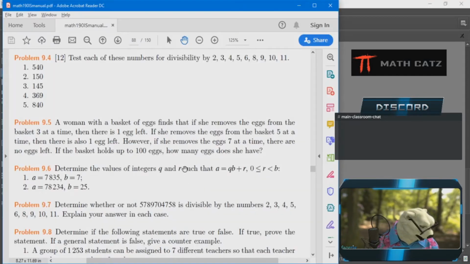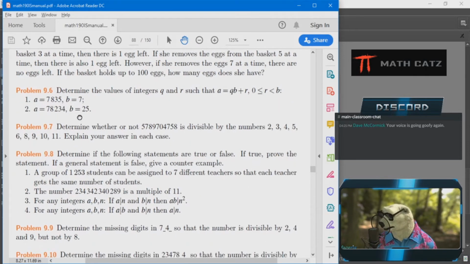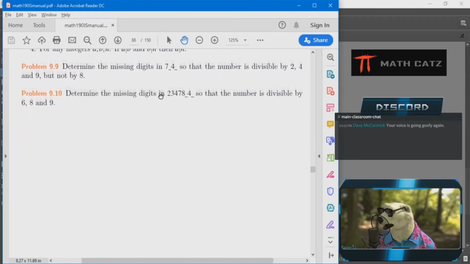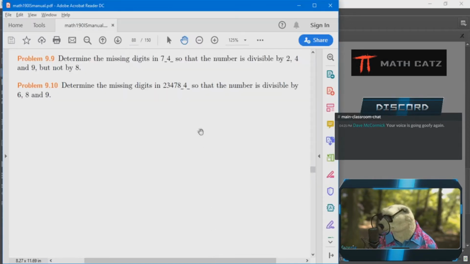So then going through the list here, that was a 9.4. And apart from checking if you can do long division, the problem 9.6, it's all just variations on that right now. Having one missing digit, like we just illustrated, is a very manageable question.